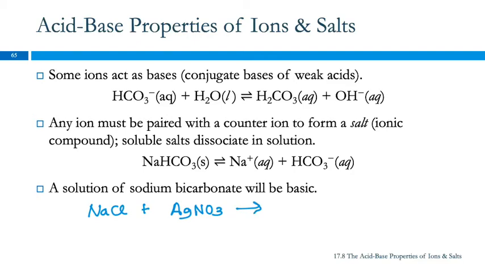So you should have learned in Chem 1A that if you have two ionic compounds, you might get a precipitate, and you can predict the products by swapping the ions. So this is sodium ion and chloride ion, and this is silver ion and nitrate ion. And I have this place in my head called chemistry land.